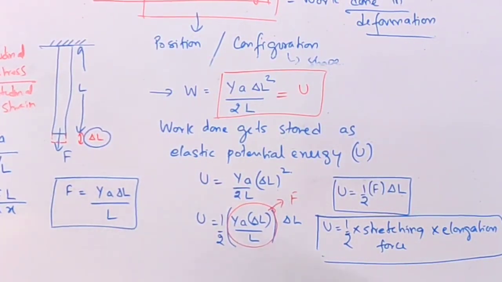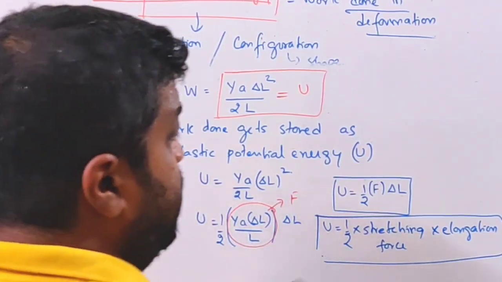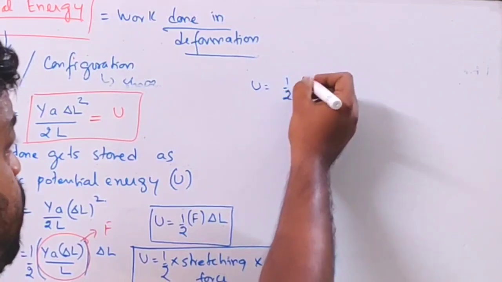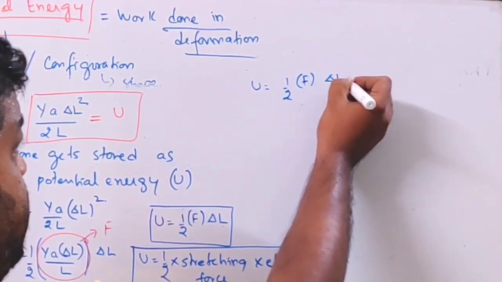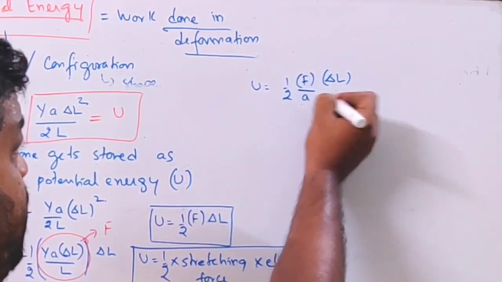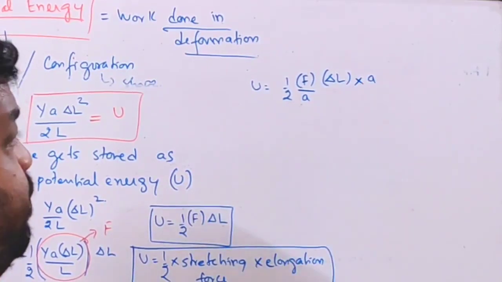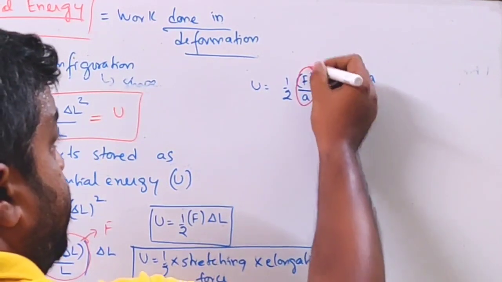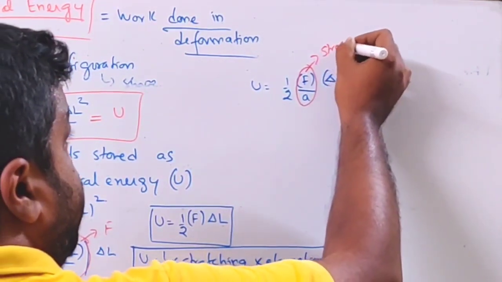Now there is another way of writing this. I can write U is equal to 1 by 2 F delta L. Now if I divide by A and multiply by A, this quantity is stress.